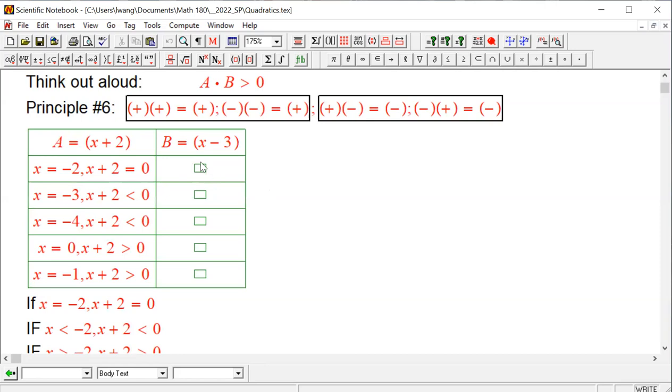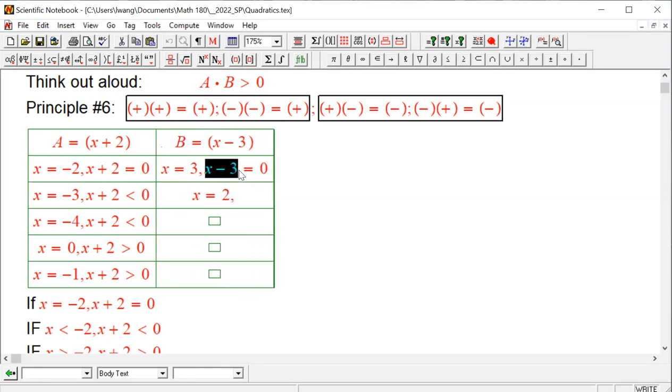For x minus 3, we have a similar situation, because if x equals 3, x minus 3 is going to be 0. If we pick a number such as 2, x minus 3 is going to be negative. If we pick x equals 0, x minus 3 is negative again.